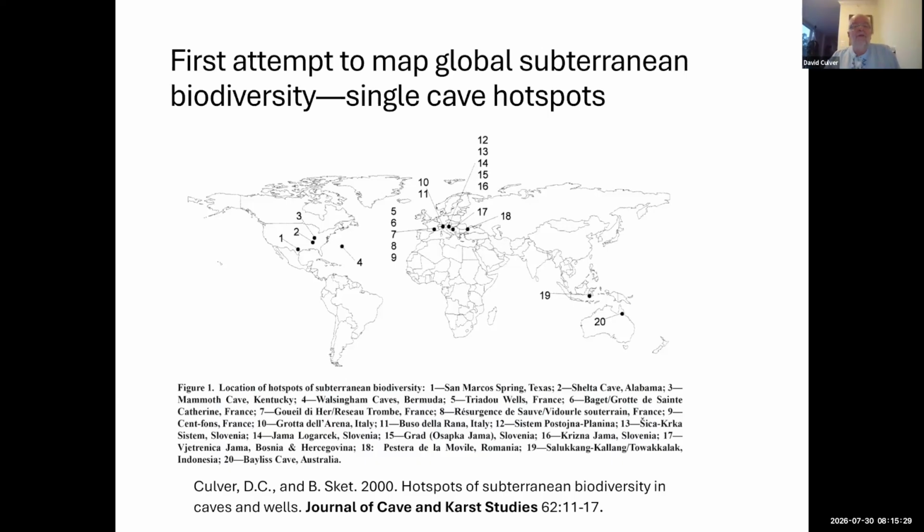We got 20, it's kind of nice. We have 20 caves with 20 species. You can see that the majority of these are north temperate, and among those, the majority are European. There are only two tropical or subtropical sites in this initial paper. One is Tualalak in Indonesia, and the other one is a bad air lava tube in Australia.